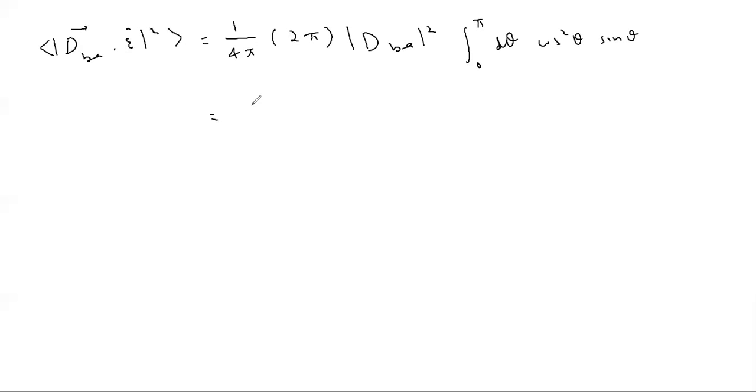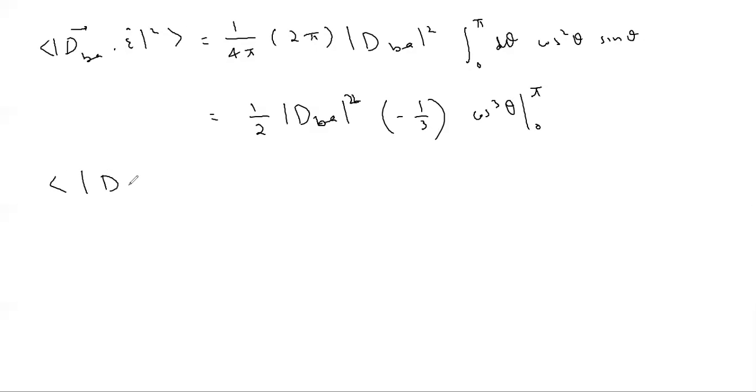So this is 1 over 2 d_ba squared, and by integrating this, minus 1 over 3 cos cubed theta from 0 to pi, this will give me 1 over 3 d_ba squared.